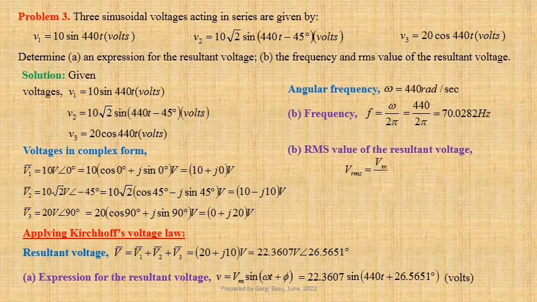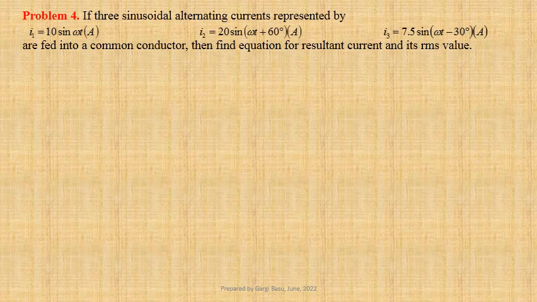Vrms equals Vm by root 2, that is equal to 22.3607 divided by root 2, that gives us 15.8114 volt.